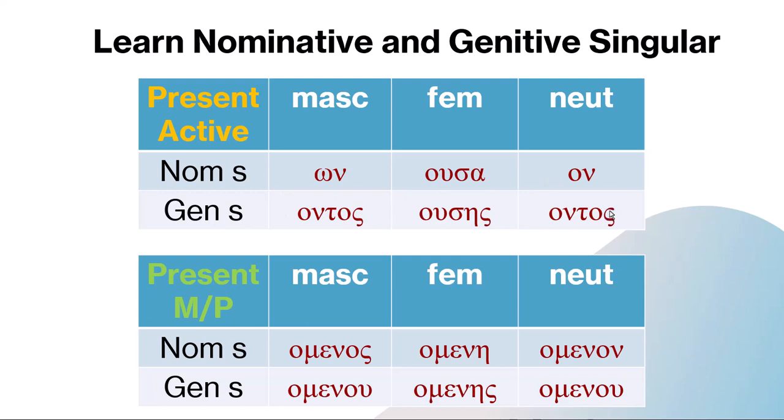Similarly, for the present middle passive, you go through and you've got the masculines omenos, omenou, feminines omene, omenes, neuters omenon, omenou. So if you know these, you should be able to put together the rest of them. You may want to look at the dative plural because of the tau that drops out. But for the most part, what you see here is what you want to remember.